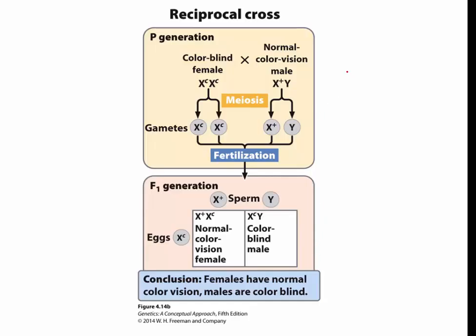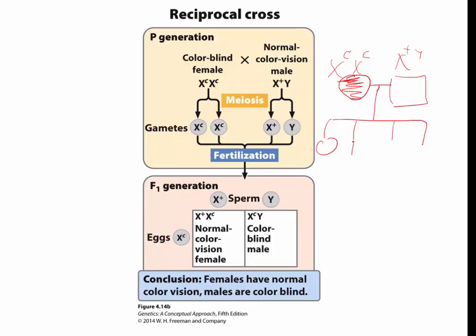This is doing the cross in the other direction. So it's sort of like a reciprocal cross in flies, but we're using humans, so we'll do a pedigree. She's colorblind. He's normal. And then this is what are the things to look for in pedigrees.